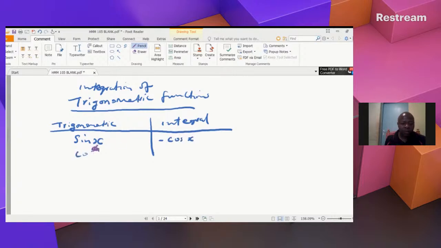If I'm given cos of x, the integral of this will be sine of x. And you already did this under differentiation. So you know what the derivative of cos of x is, and the derivative of sine of x. This time we're looking at the integrals.